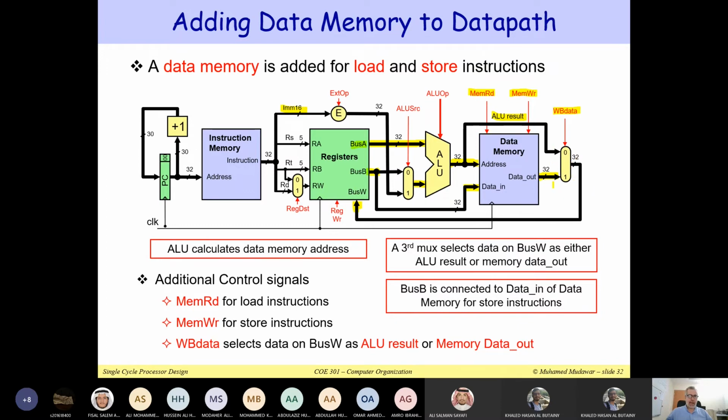We have to take the data at the output of the data memory and feed it back to the register file. So that's the importance of this multiplexer. It selects whether the ALU result should be written back to the register file or the data which was read from the data memory. In the case of a load, it should be the data from memory.